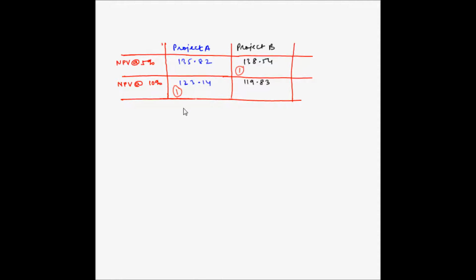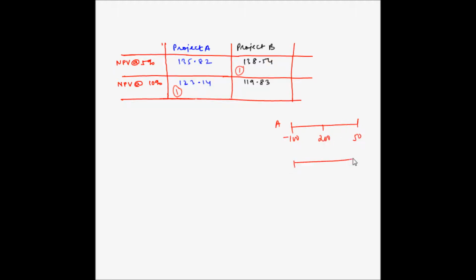So why did that happen? Now in case of project B, the larger cash flows come later in the life. So if you recall, the cash flows for project A was minus 100, 200 and 50.